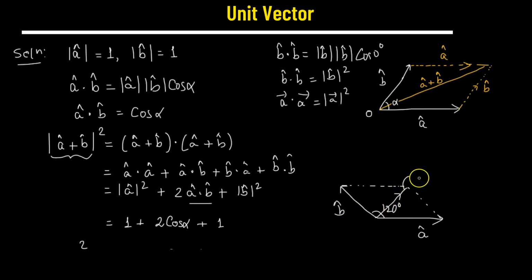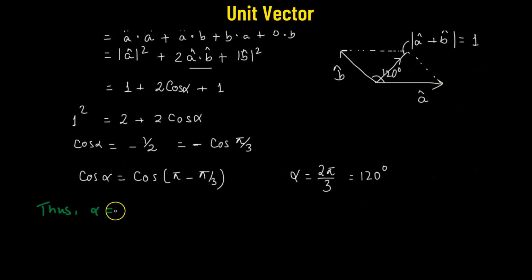So this is our unit vector A cap plus B cap. This is going to be a unit vector, meaning if we take the magnitude of this vector, its value will be equal to 1. Thus, the angle alpha must be equal to 2 pi over 3 or 120 degrees if A cap plus B cap is to be a unit vector. Thank you.